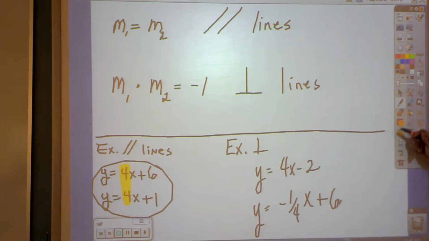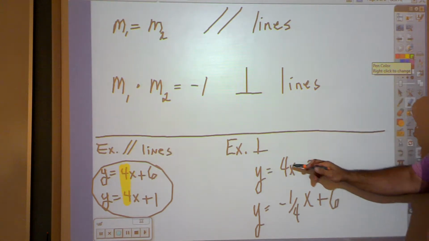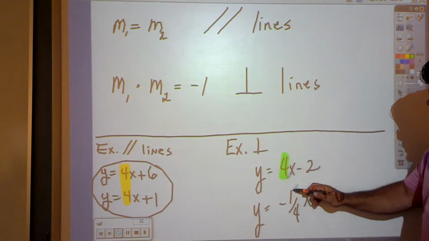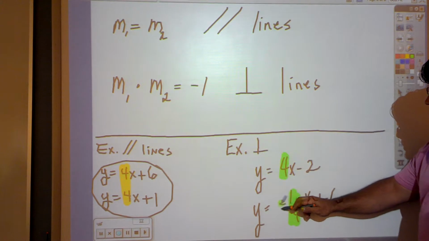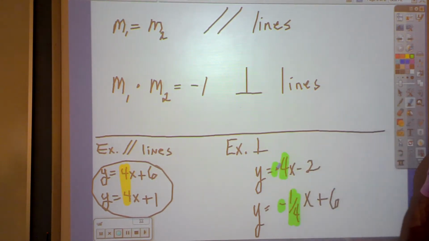So whenever you see the opposite reciprocal, now remember, you need to write that down. I didn't say reciprocal. I said opposite reciprocal. There's the reciprocal, but the sign is also, that's a positive and that's a negative. It's got to be the opposite. And that's two examples of parallel and perpendicular lines.